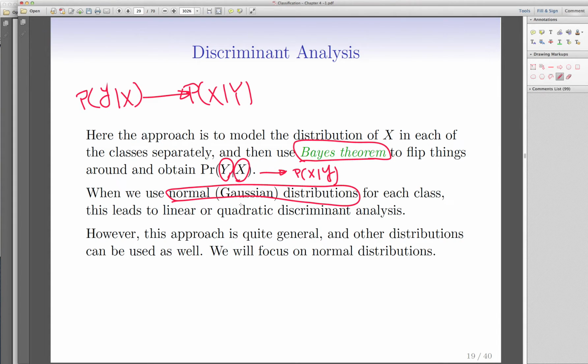Always linear functions are of our interest. And if you do not fix the standard deviations in the Gaussian distribution, you end up with quadratic functions. Again, quadratic functions are easy to deal with. So in LDA and QDA, which is linear discriminant analysis and quadratic discriminant analysis, what we're going to use is Gaussian or normal distribution.